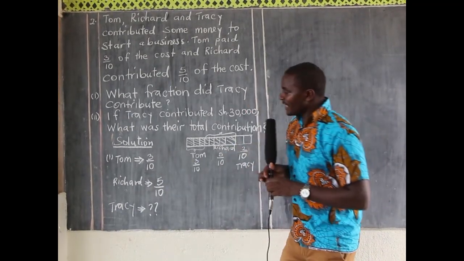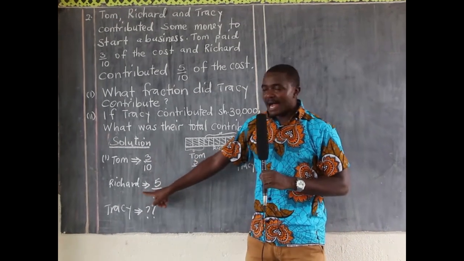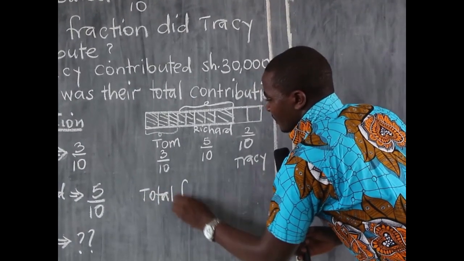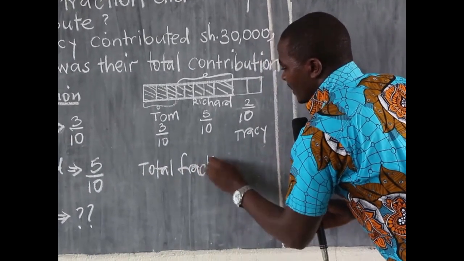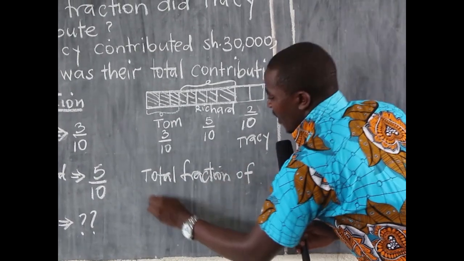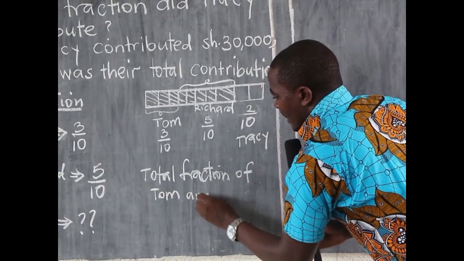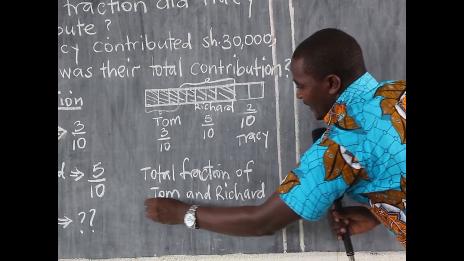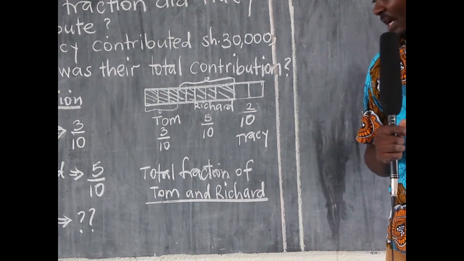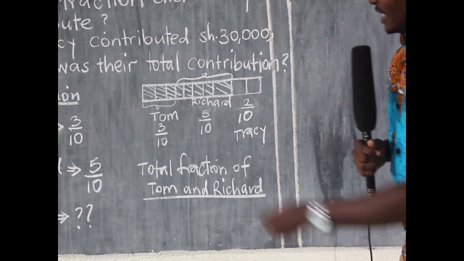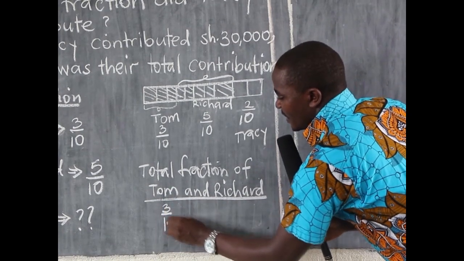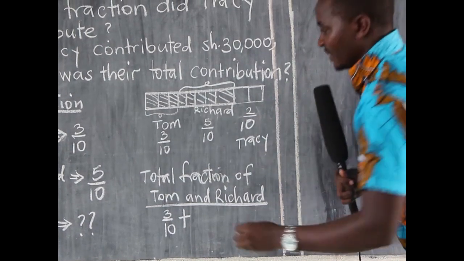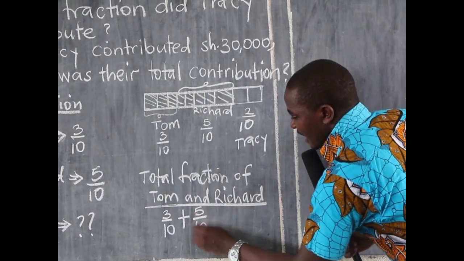We are going to look for the total fraction of Tom and Richard, because we know them. Tom is 3 out of 10 plus, what is the fraction for Richard? Very good, 5 out of 10.